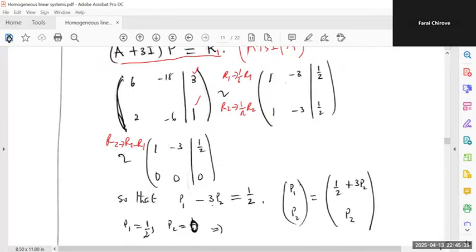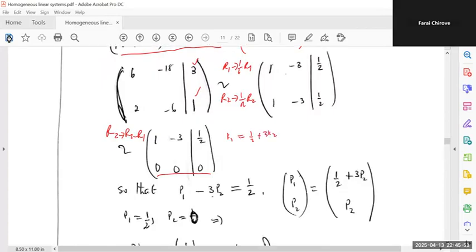And once we have that, we can see the whole second row is 0. So what it means is P1 is equal to half plus 3P2.